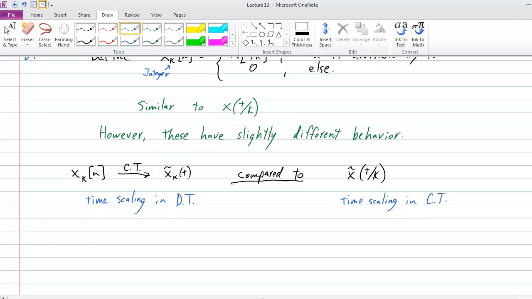It's a delta train. So what I have here is my XF. I also have a delta train, let's say, like this. And what's the width of this delta train?